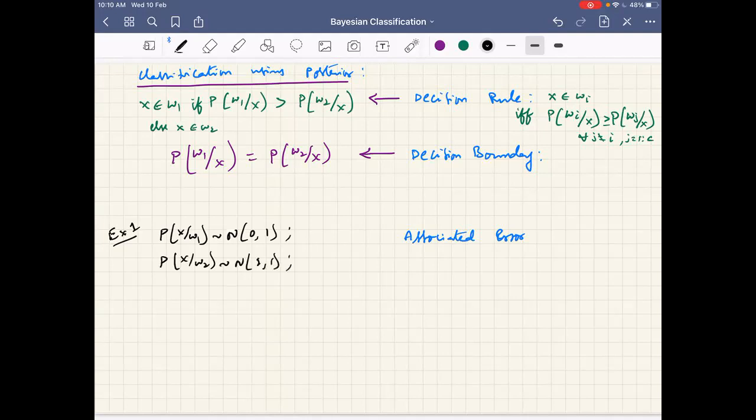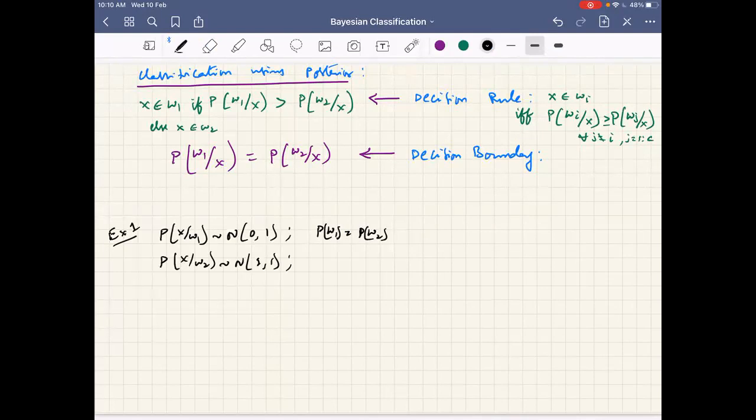In this case, if I take only likelihoods, what will be the decision boundary in this example 1? 1 by 2. Yeah, 1 by 2. It will be midway between these two means.